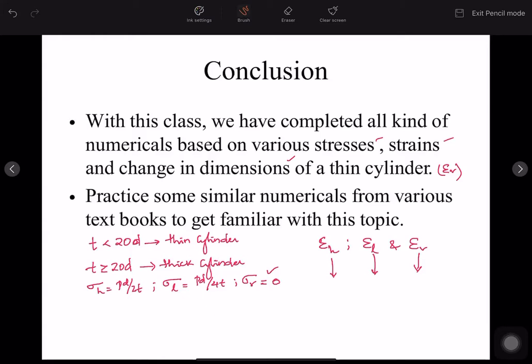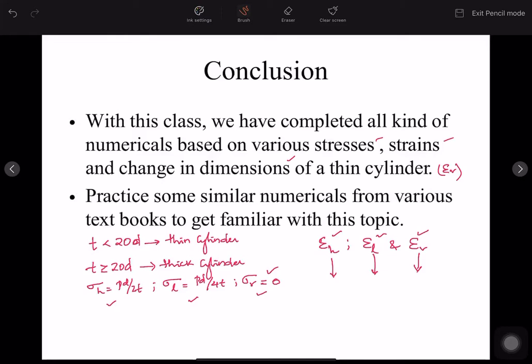So by using these equations, we have solved various numericals, which include various stresses and various strains.